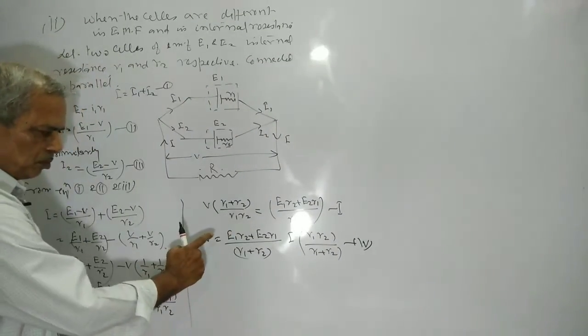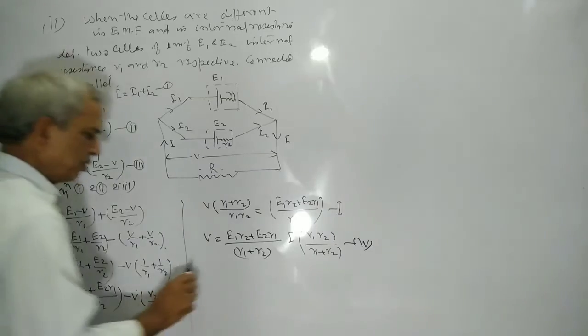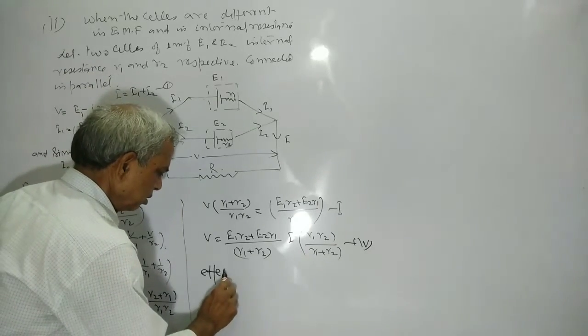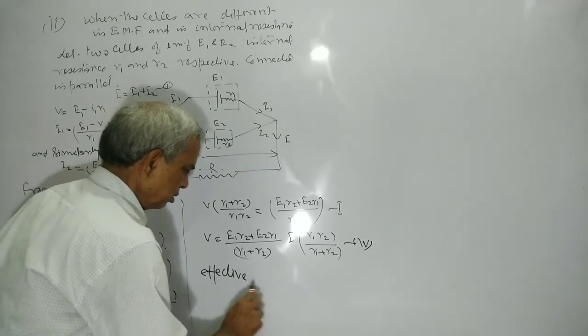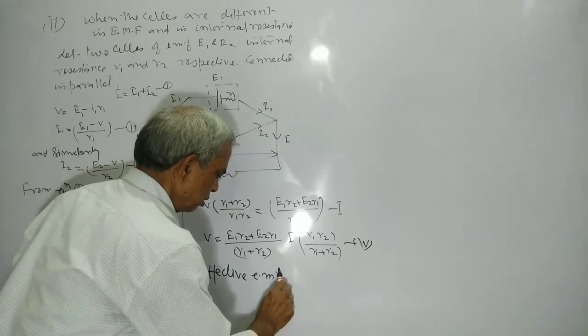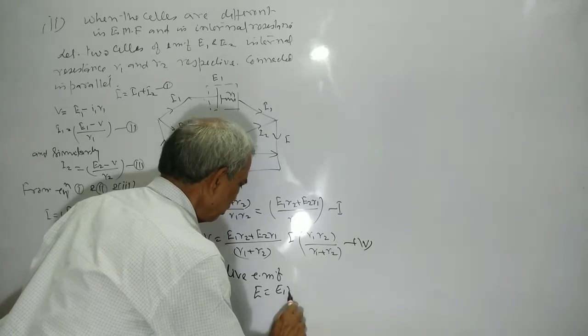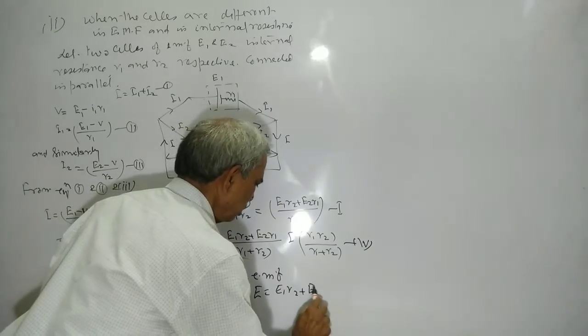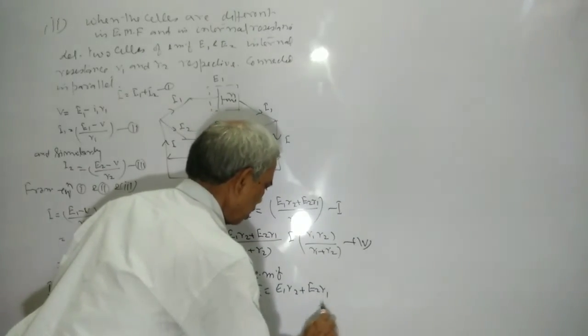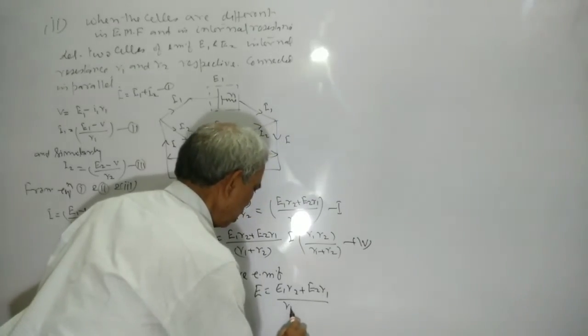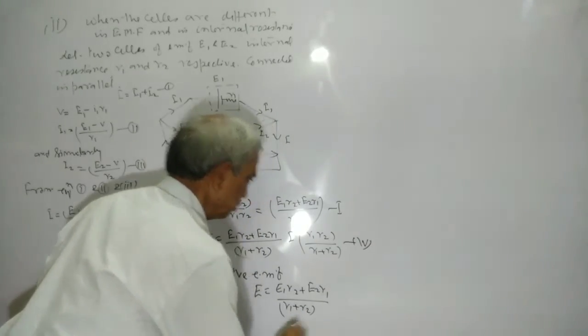Effective EMF is equal to (E1 R2 plus E2 R1) upon (R1 plus R2).